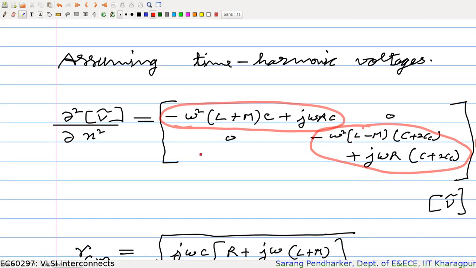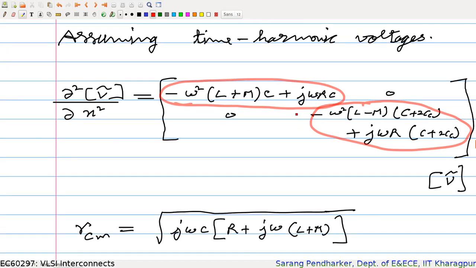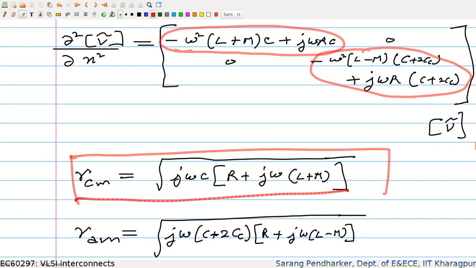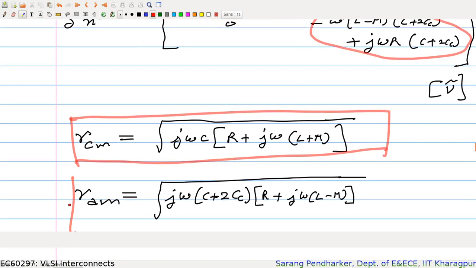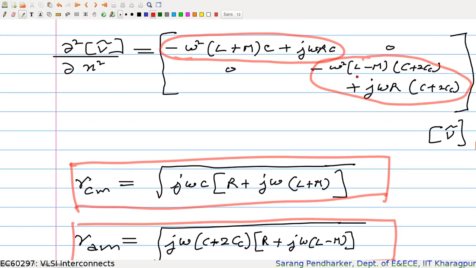So this is the common mode voltage, and this is the differential mode voltage, and they are both decoupled, and you get a very familiar equation of this form. You can define the propagation constant gamma common mode like this, and gamma differential mode is this, right? So there would be a minus sign here.